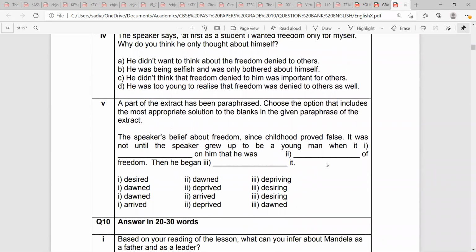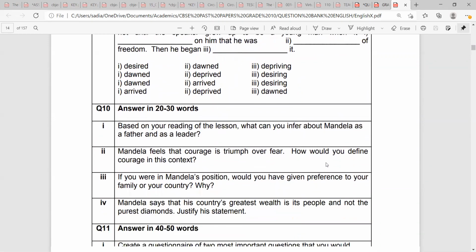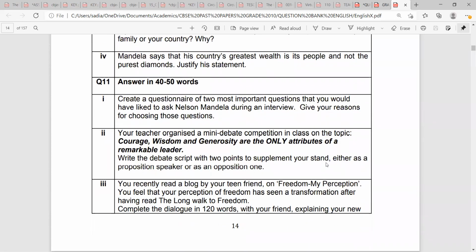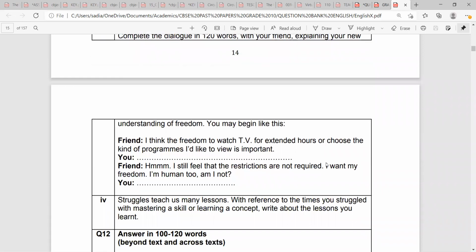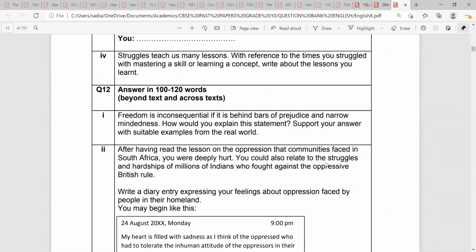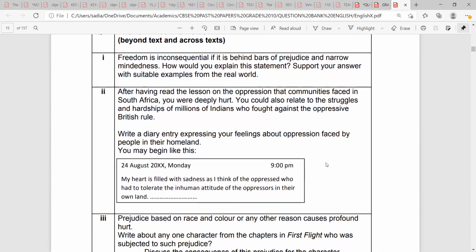Look at the cloze and the options. 20 to 30 word questions. 40 to 50 word questions. The dialogue. 100 to 120 word questions beyond the text and across the text. That is called an extrapolatory question.